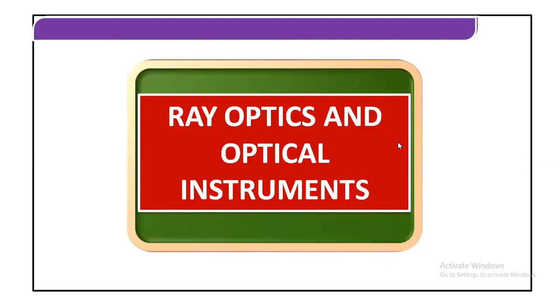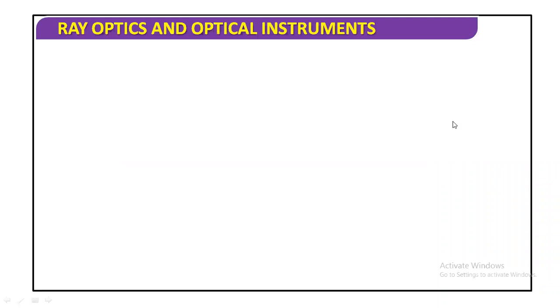So we will start ray optics and optical instruments. In ray optics, basically we study the rectilinear propagation of light, that light propagates in a straight line.